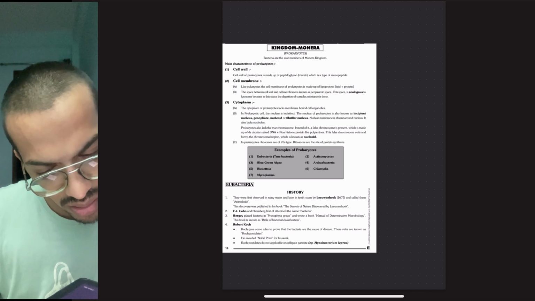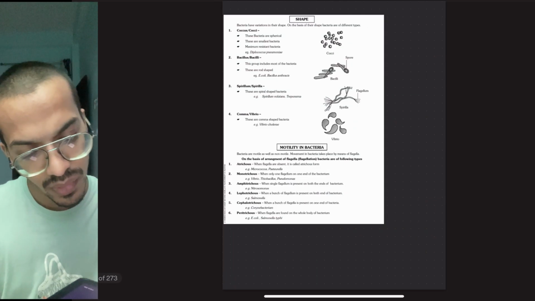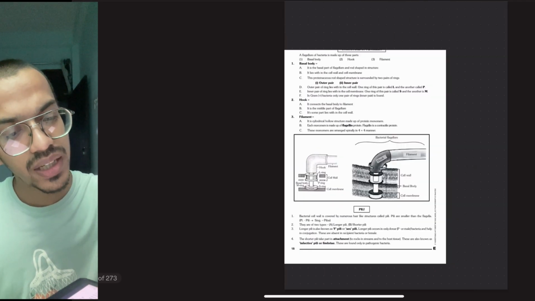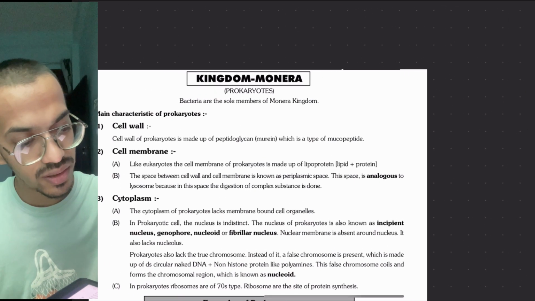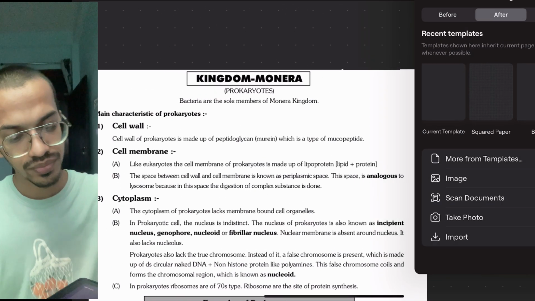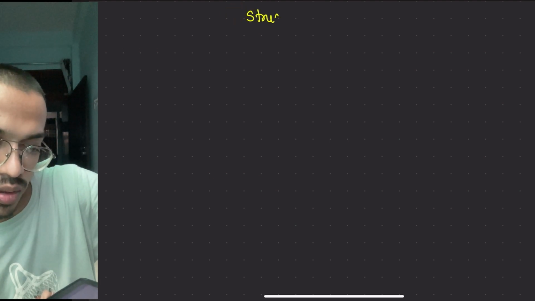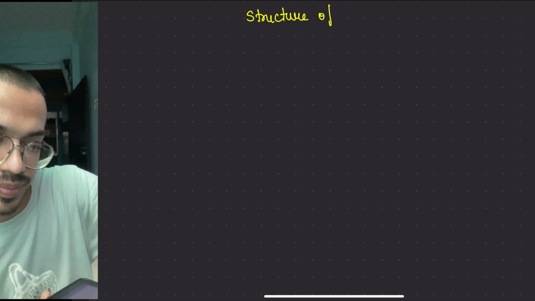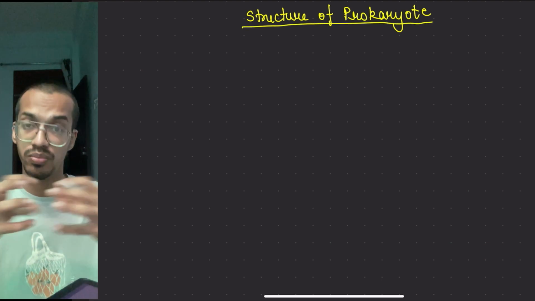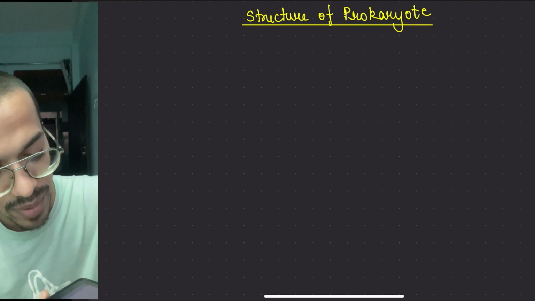Okay, so before starting it, I am making a diagram of it. This topic is the structure of a prokaryote. There is a body integrity, that is a cell membrane.